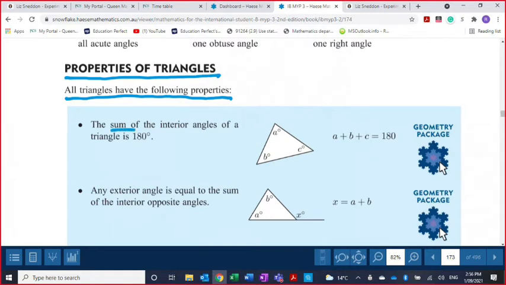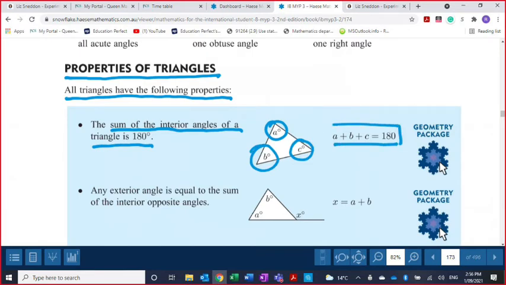And that is the sum of the interior angles of a triangle is always 180 degrees. So if we took A and B and C and added them together, they will always equal 180 degrees. It doesn't matter what the angles are, they will always add up to make 180, all the angles inside.